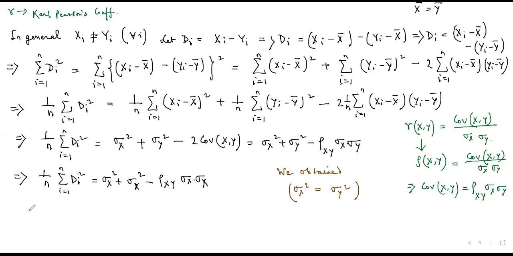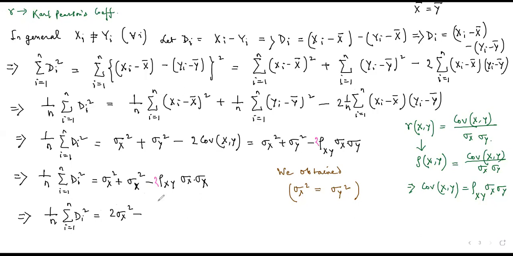Now let us further simplify it. We can write 1 by n summation i goes from 1 to n di squared is equal to twice sigma x squared minus, oh, one thing I have missed, a constant 2 was there, so I'm writing the 2 over here, and I'm putting the 2 in this case also.